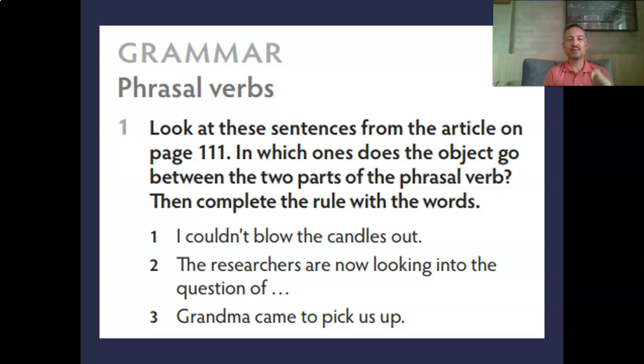Okay, let's see these ones. Number 1, 2, and 3. I couldn't blow the candles out. Number 2. The researchers are now looking into the question of. And number 3, Grandma came to pick us up. In which ones we can put the object between the 2 parts? Take a look. Yes, number 1, blow the candles out.